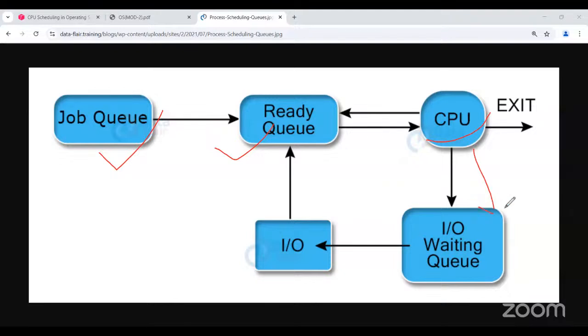Then we go to the input output waiting queue. Then we go for IO states. Then in the ready state, again it will go to CPU. This is what process scheduling is all about.